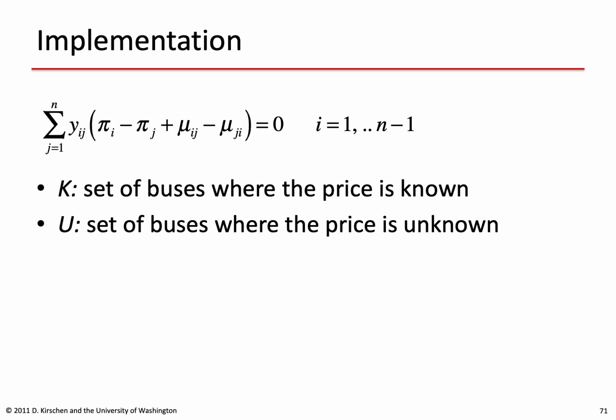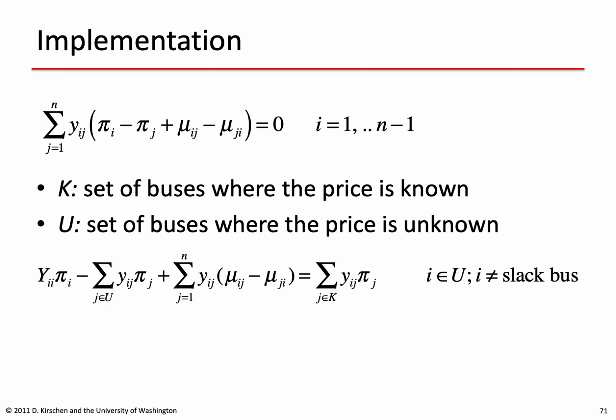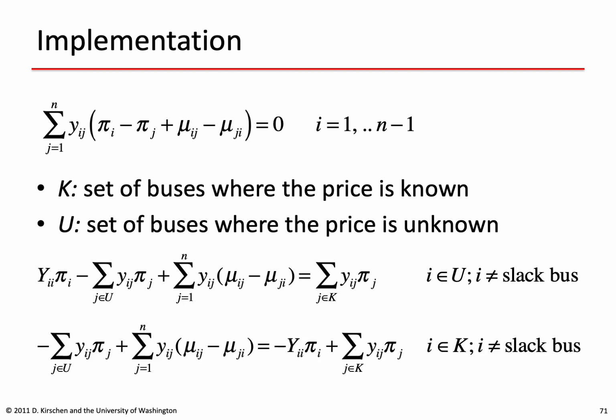The set K of the buses where the price is known because there is a marginal generator connected to this bus, and the set U, the set of buses where the price is unknown. Then we can group the equations obtained from the second optimality conditions into the two sets so that we have on the left-hand side the unknown variables and on the right-hand side the known variables.